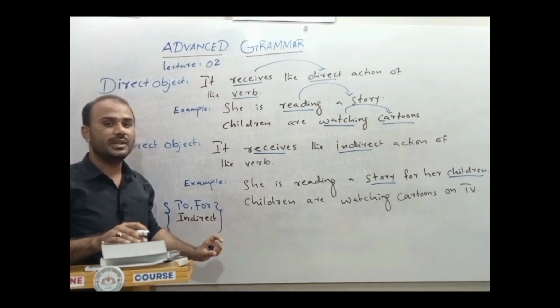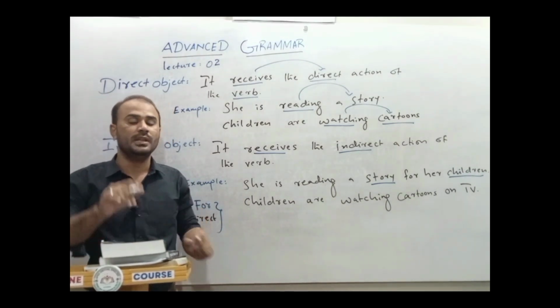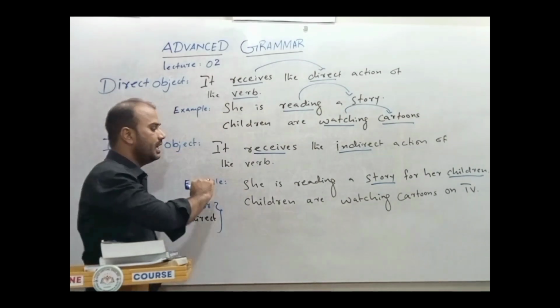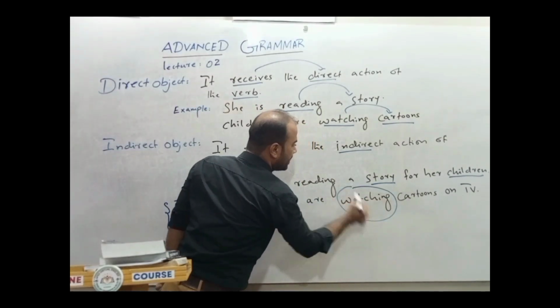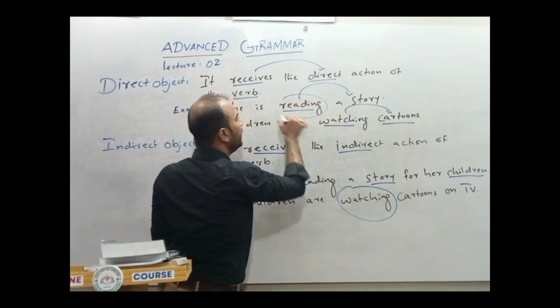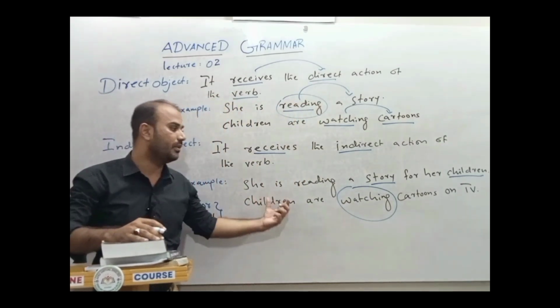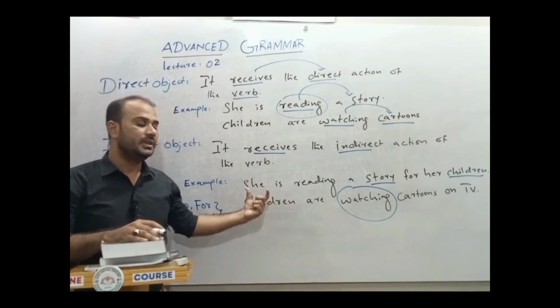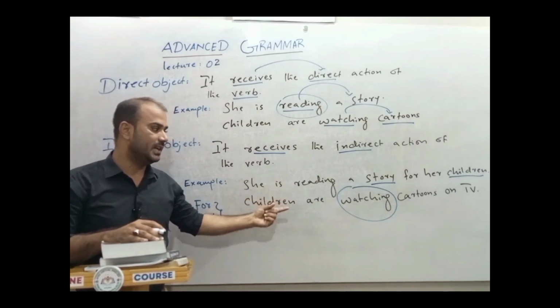So we have covered how direct objects and indirect objects work. We should keep in mind that the actual actions, watching and reading, they all tell you what type of object it is going to be. They will decide it for you.